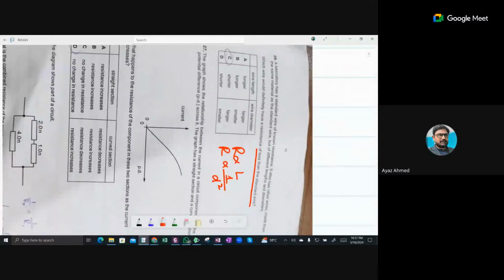So you need smaller resistance, so you have to select bigger diameter and smaller length. Thick and short wires have small resistance. Remember this statement. So C option is correct.